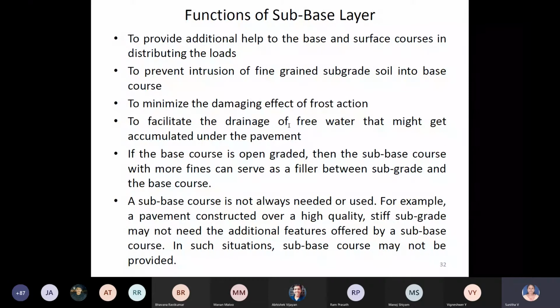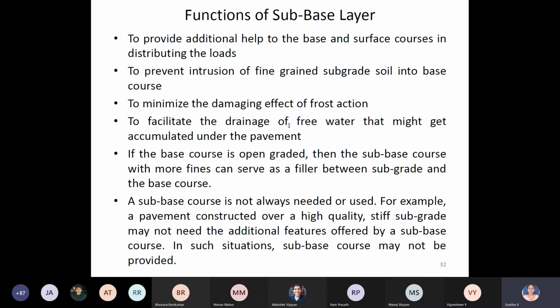The next is to minimize the damaging effect of frost action. Once water enters, if you have only subgrade and base course, the water will be either in the subgrade or in the base course.